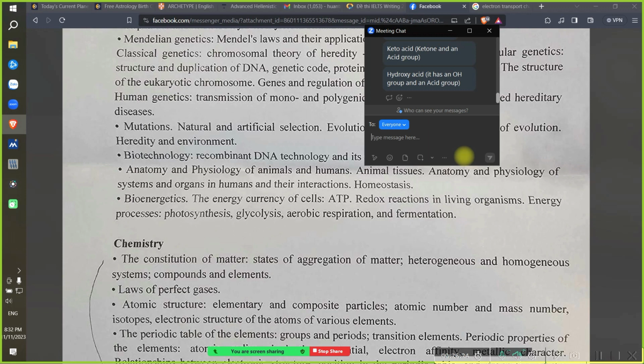I also kind of remember that pyruvic acid and pyruvate are different. Pyruvic acid contains a methyl group with a carbonyl group and a carboxylate group, I think.